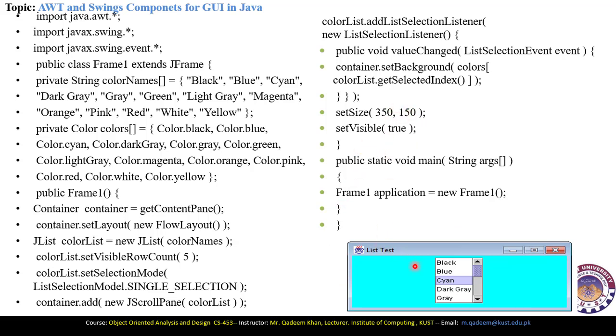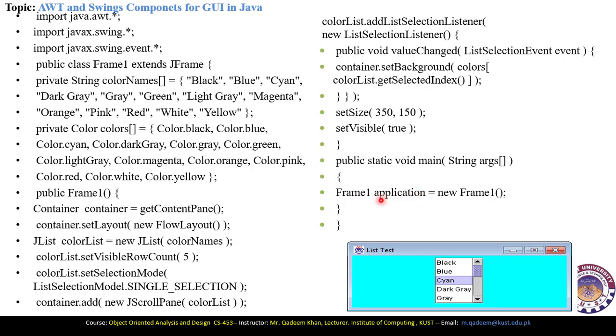setVisible true means that the window will be on for us when the program is executed, then the window will also be available or visible. Here is the public static void main function. It is the main function which must be in every Java program. There must be at least one function called main, and the program execution starts from here.